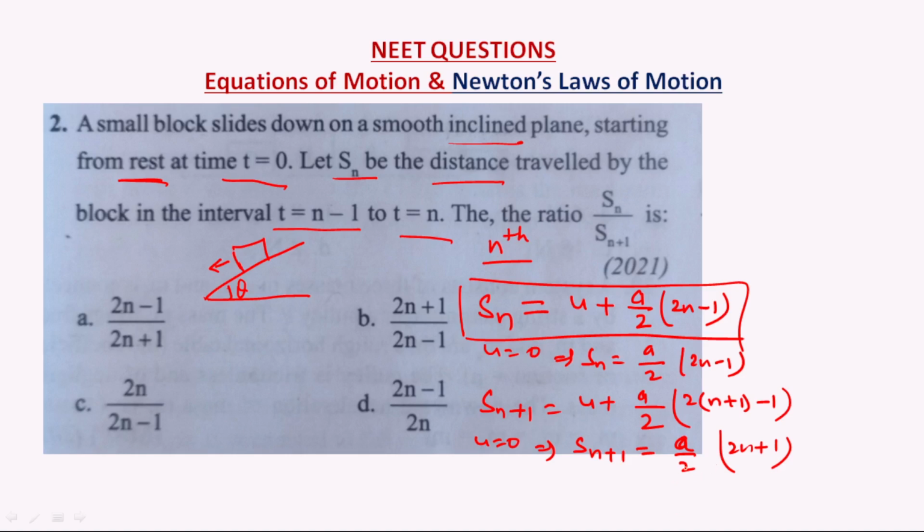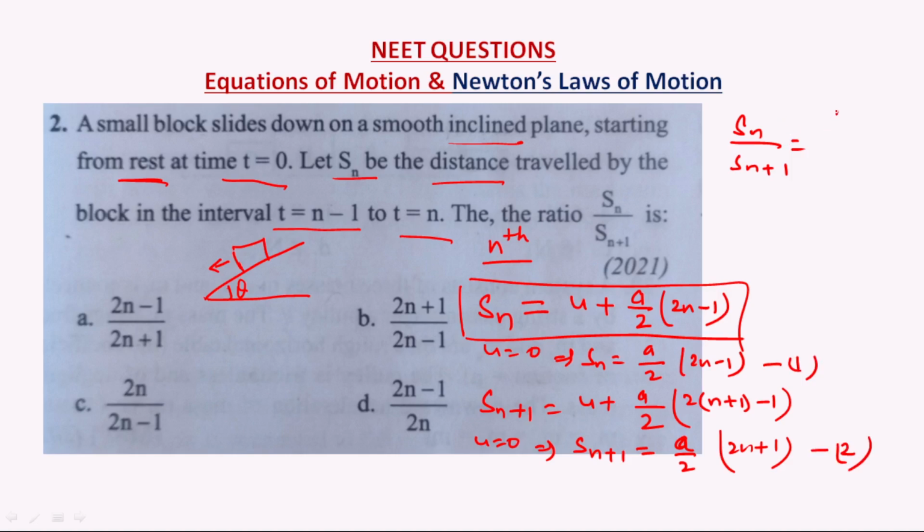Okay. So now we need to find the ratio. So the ratio is Sn by Sn plus 1. This will be the first equation, this will be the second equation.